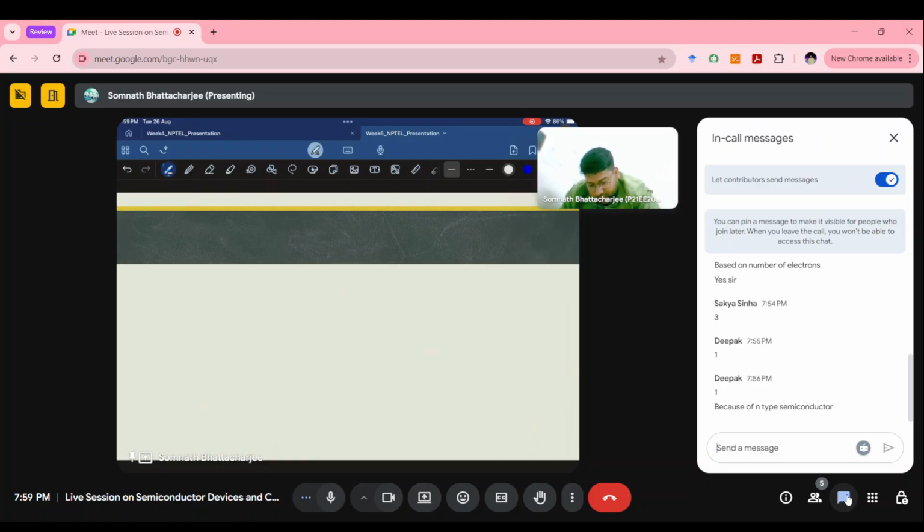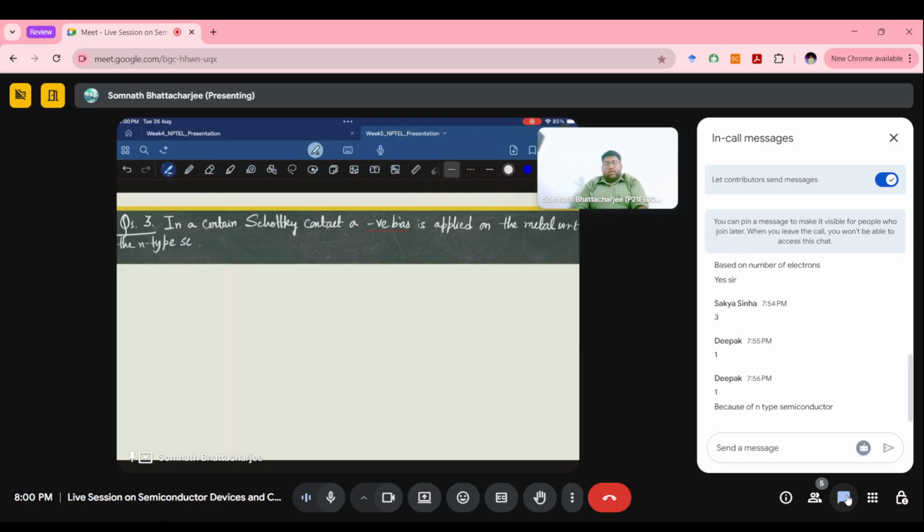Now we'll move to question number 3. In a certain Schottky contact, a negative bias is applied on the metal with respect to the n-type semiconductor.